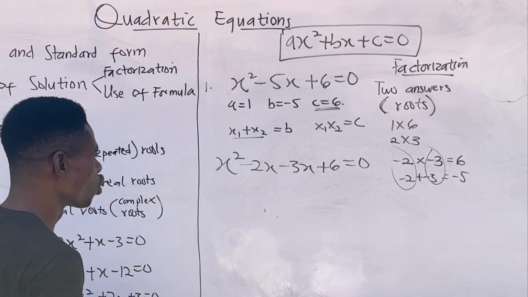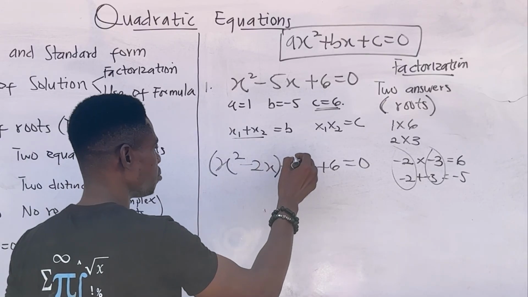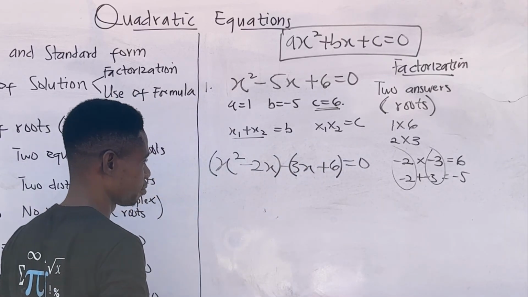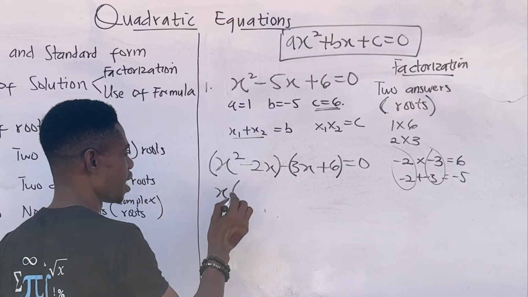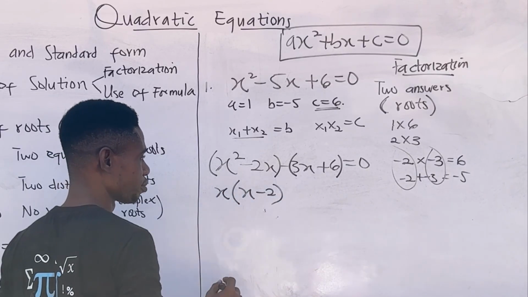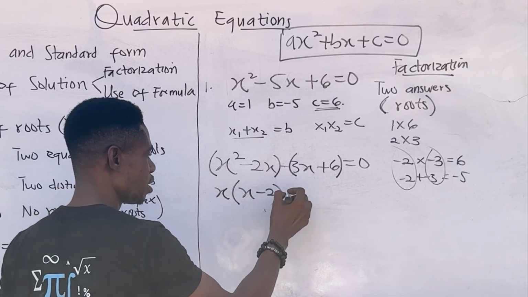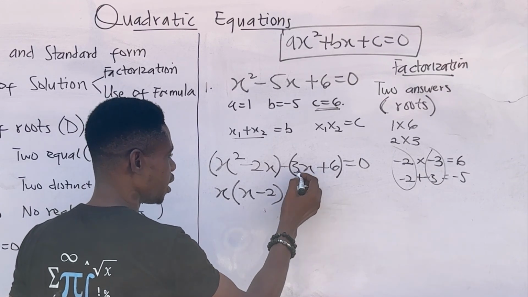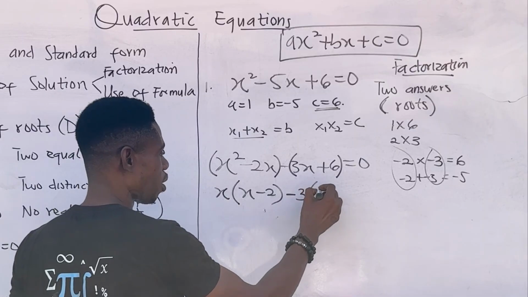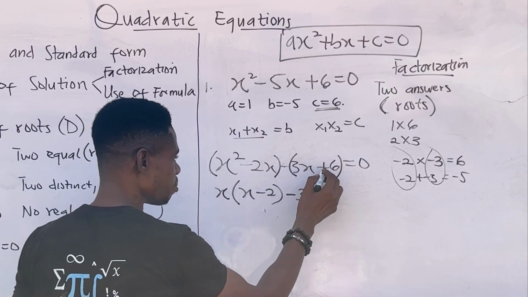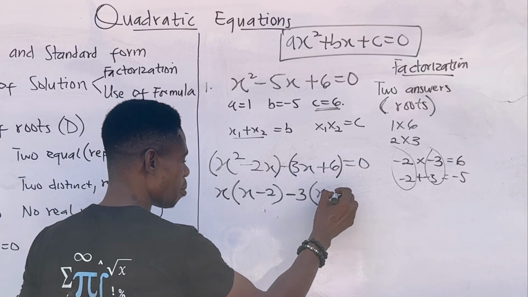So from here we can group. Now if you look at this, what is common here? x is common, right? We're left with x minus 2. Minus, what is common here? 3 is common, right? If we factorize 3, here we're left with x. This minus affecting this minus, this plus will become minus.